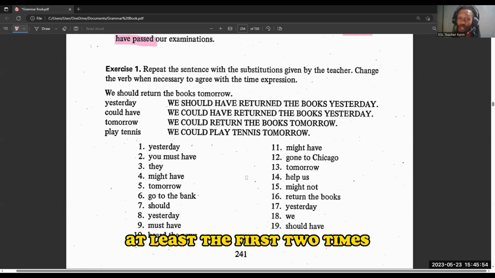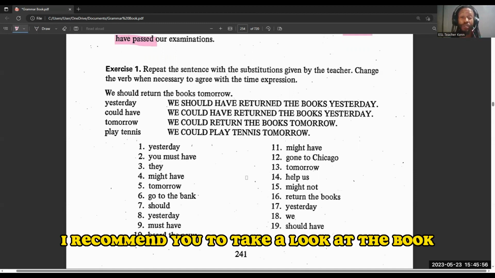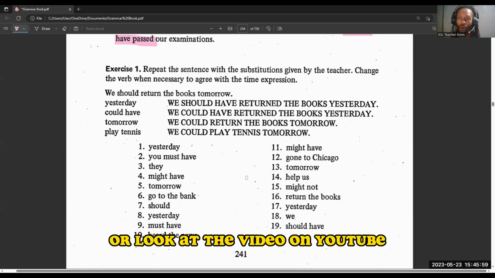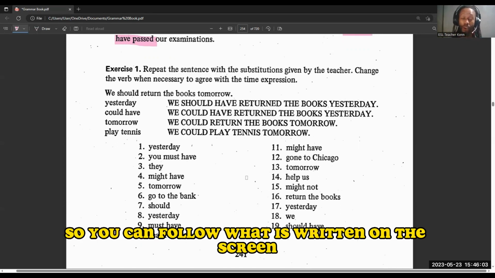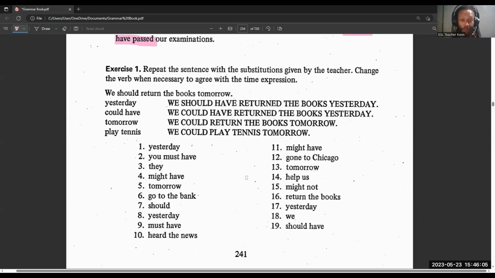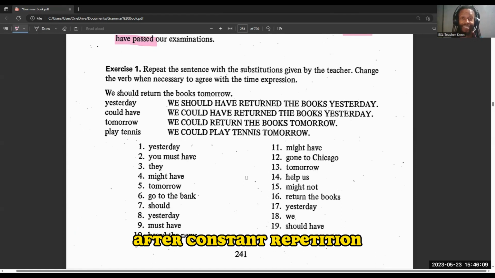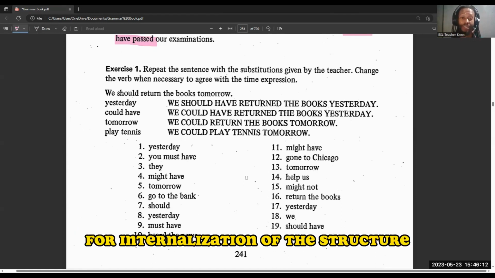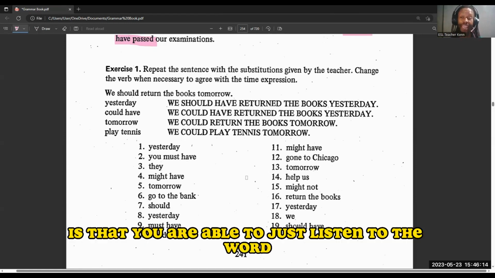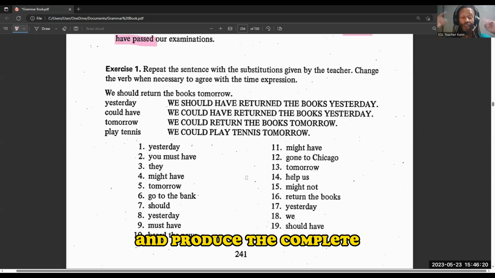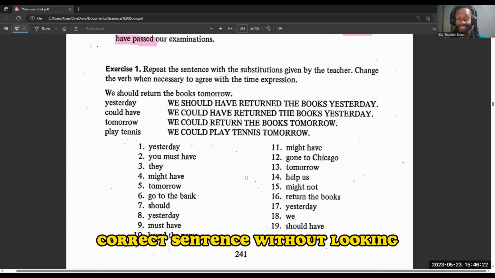At least the first 2 times, I recommend you to take a look at the book or look at the video on YouTube so you can follow what is written on the screen and on the book. The ultimate goal after constant repetition for internalization of the structure is that you are able to just listen to the word and produce the complete correct sentence without looking.